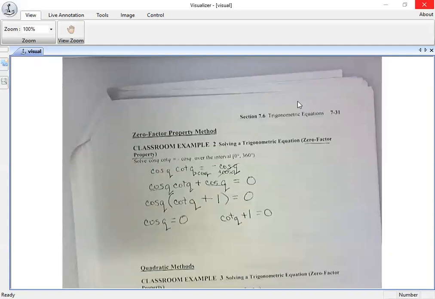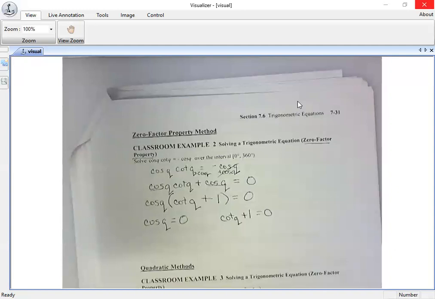So when it says solve, one of the strategies will be, if I recognize that I would have a common factor, I'm going to want to move it all to one side, set it equal to 0, and then factor out my common factor.